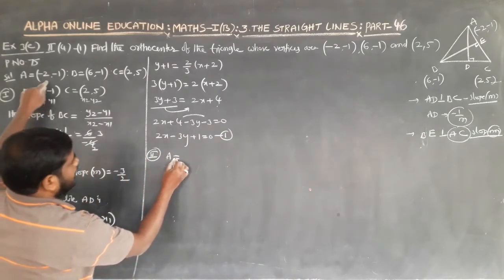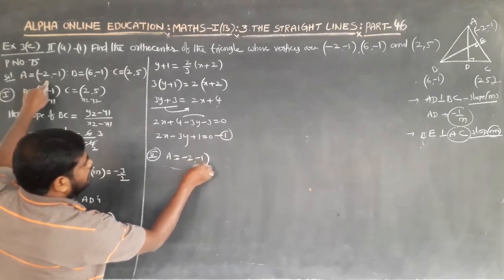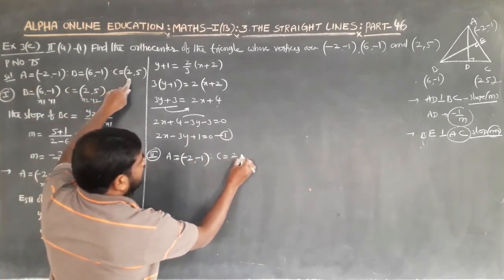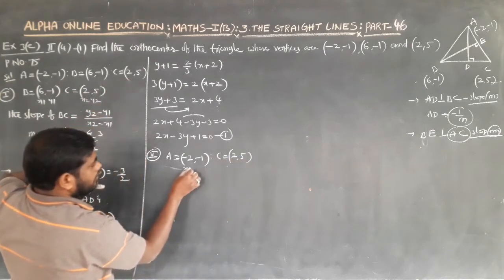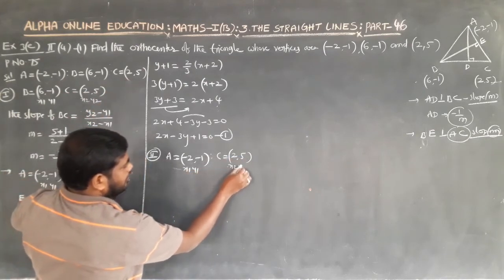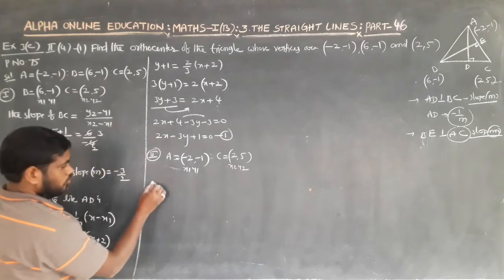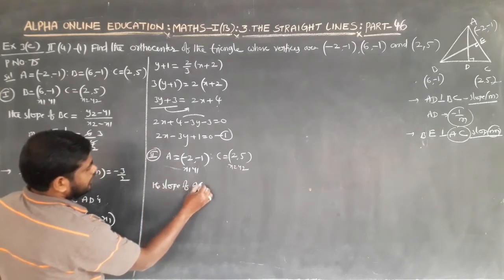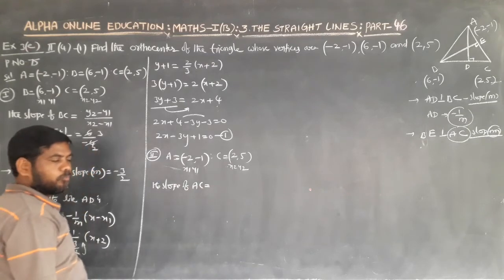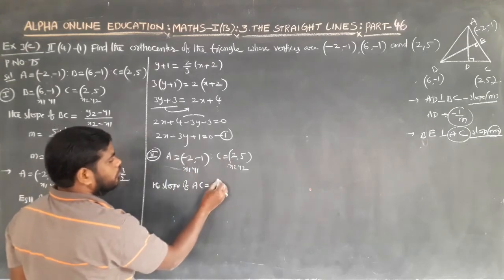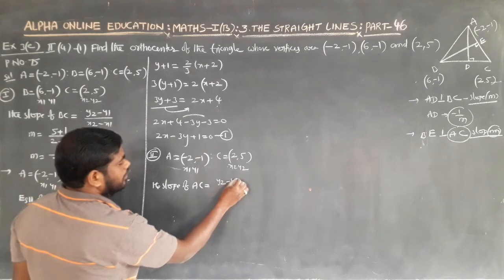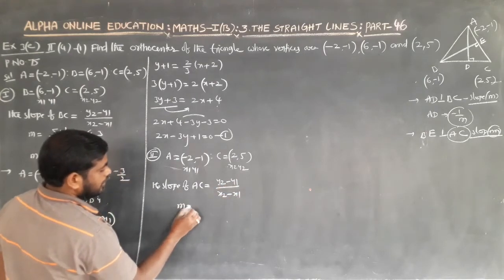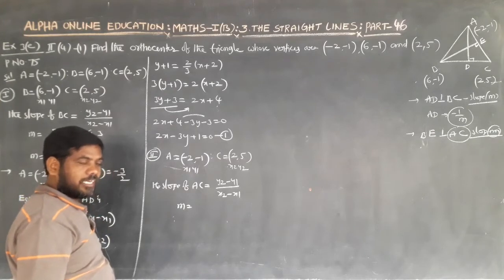A point minus 2 comma minus 1, C point 2 comma 5. Let A point x1 y1, C point x2 y2. The slope of the line joining the 2 points is y2 minus y1 by x2 minus x1. Let M be the slope of the line AC.